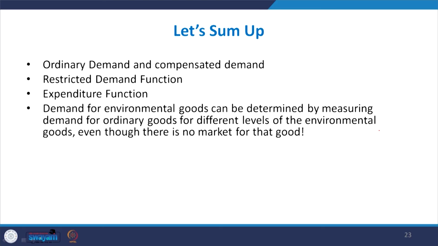We do not know the price of the environmental product, and we also tried to establish the relation between the demand functions, the compensatory demand function and the expenditure function. Then we introduced the concept of compensatory demand in environmental products, by taking the compensatory demand function under two conditions, one when there is an improvement in environment, and second when environment is as it is.